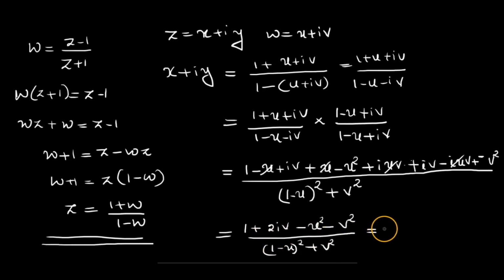Now, taking the real part and imaginary part separately: (1 minus U square minus V square) divided by ((1 minus U) whole square plus V square) plus i into 2V divided by ((1 minus U) whole square plus V square).